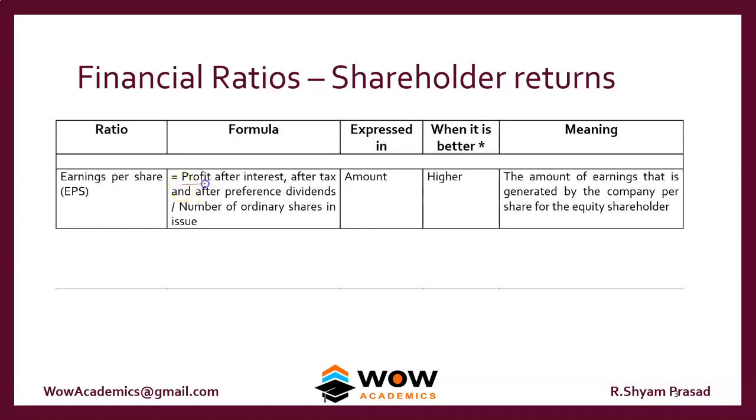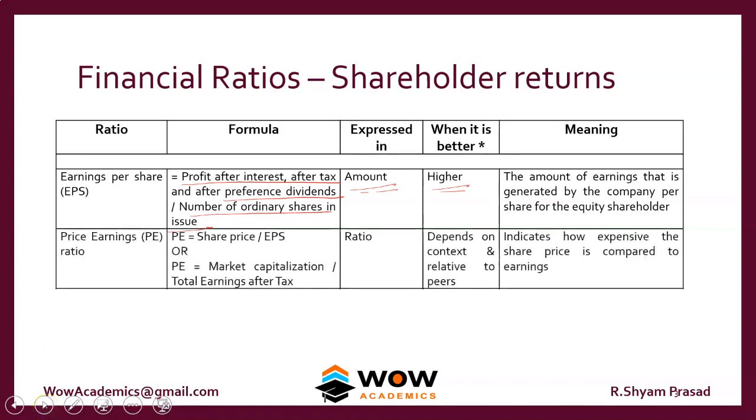The numerator is profit after tax, interest and preference share dividends, and it is divided by the total number of ordinary shares in issue. It is a better measure than the profit alone, and it is expressed as an amount in per share value. The higher is better, and that is the meaning of the ratio here. The higher the EPS, the higher the value for the shareholder.